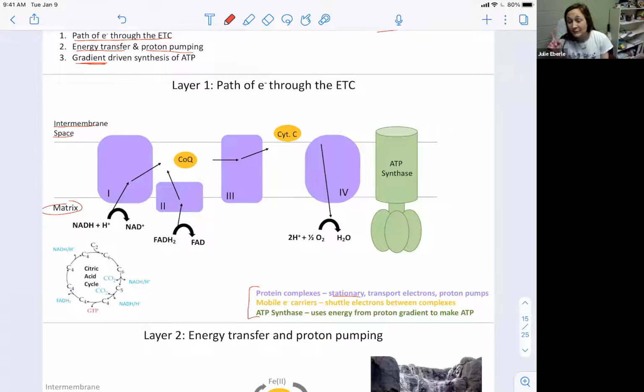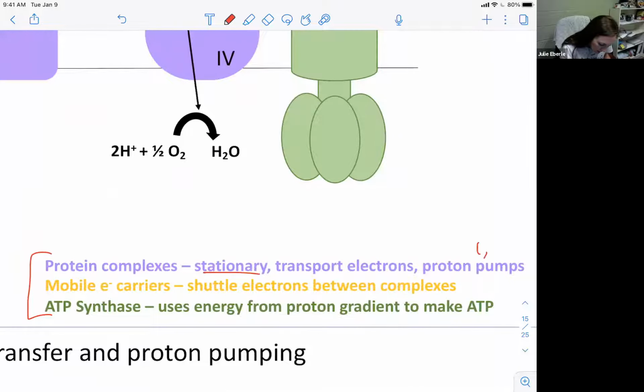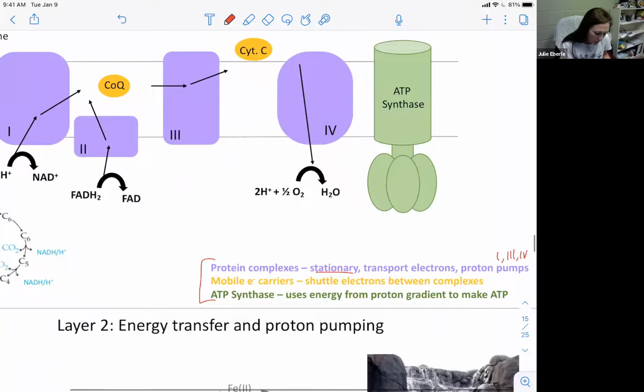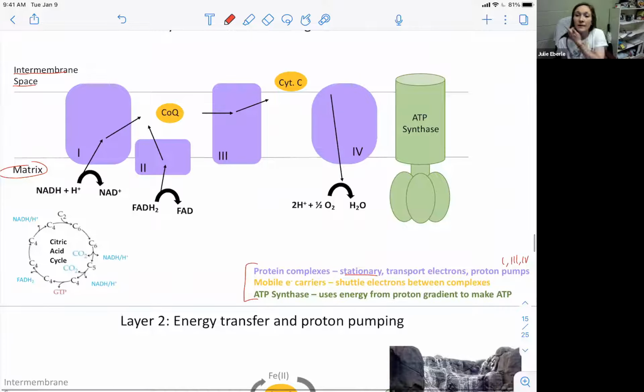Now the one that's different is complex number 2. Complex number 2 is different because it doesn't span the whole bilayer, right? We call it a peripheral protein. You don't have to write that down, but it's not an integral protein. So it's not used as a pump. The only ones that are actual pumps are going to be 1, 3, and 4. So complex number 2 is not a pump, but it is used to transport electrons.